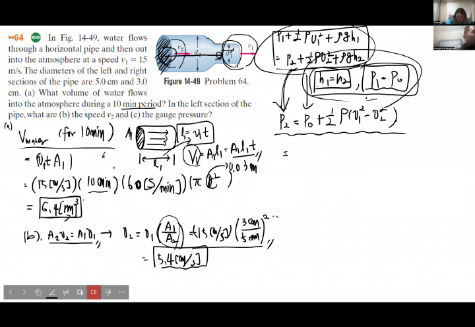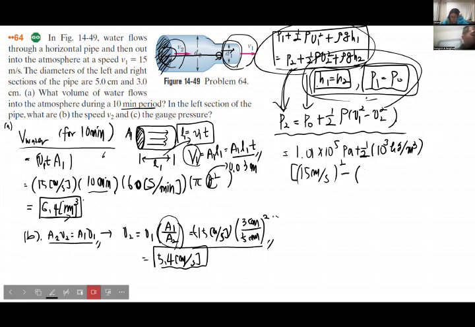Okay, right now, P naught is atmospheric pressure, which is about 1.01 times 10 to the 5 Pascal, plus 1/2 times water density, which is 1,000 kilogram per cubic meter, times the initial velocity 15 meter per second squared, minus, I'm sorry, position 1 is the initial velocity, and the terminal velocity is 5.4 meter per second.